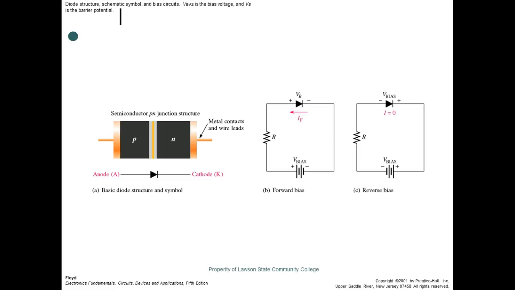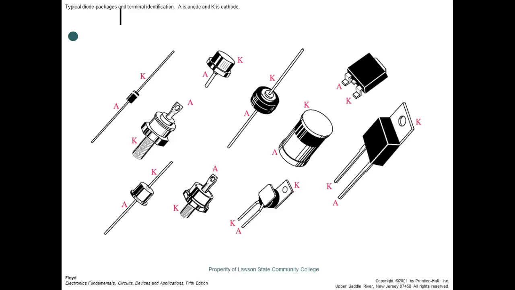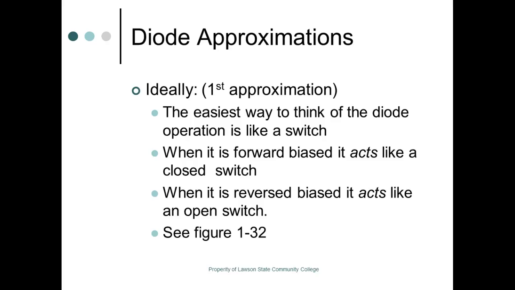So normally what we do is, of course, we've already looked at these. These guys come in all shapes and sizes, right? What we do is we use, just like when we use the color-coded value, y'all understand that's what we call an approximation. Y'all understand that? So if I see brown, black, red, what resistor would that be?